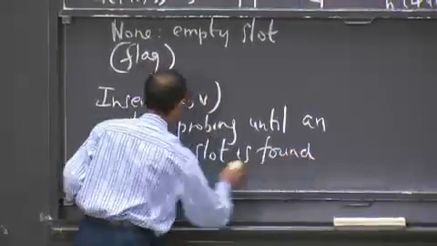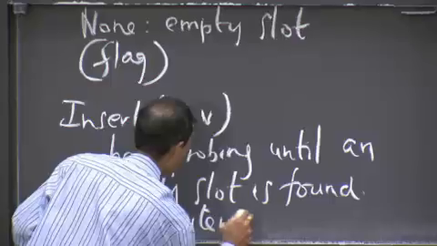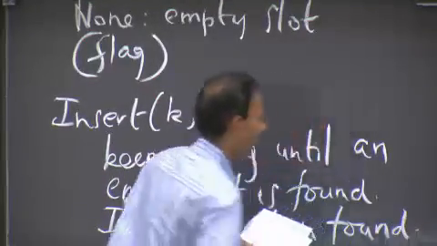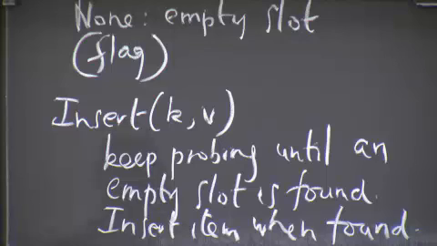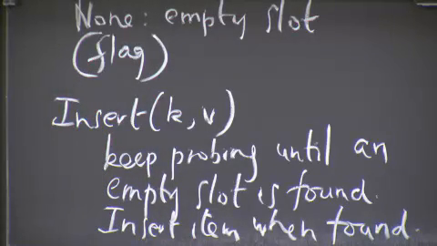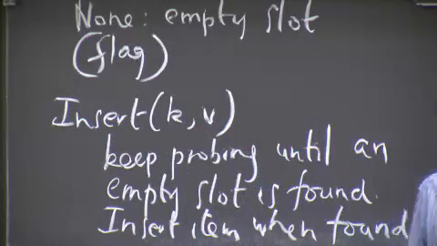And then when it's found, insert the item. As long as you have the permutation property that we have up there, and given that m is greater than or equal to n, you're guaranteed that insert is going to find the slot. That's the good news. Now, it might take a while, and so we have to talk about performance a bit later, but it'll work.